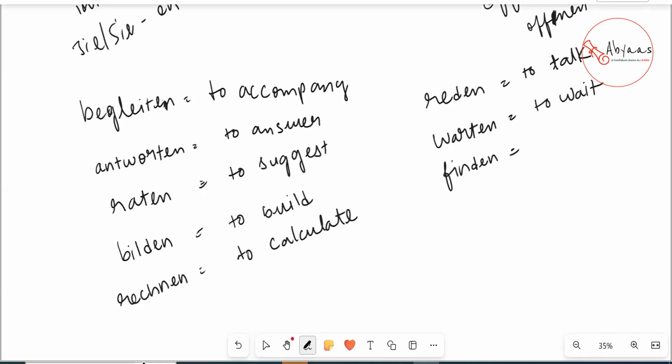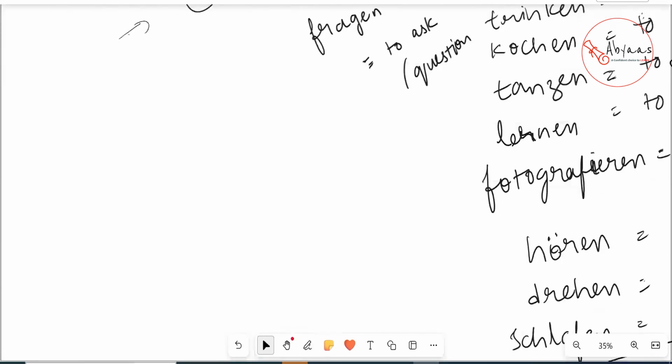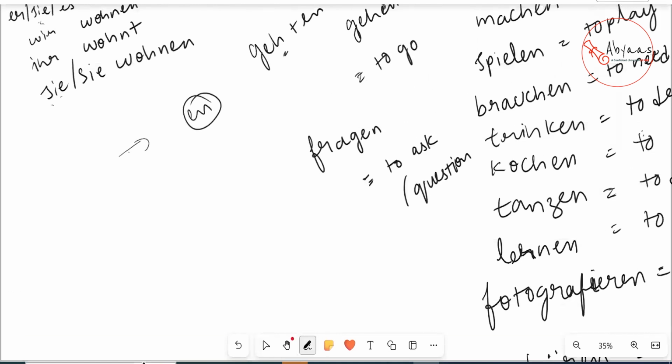Finden is to find. So I got another first type verb when I have written to find, that is suchen. When do you find? When you search. To search.